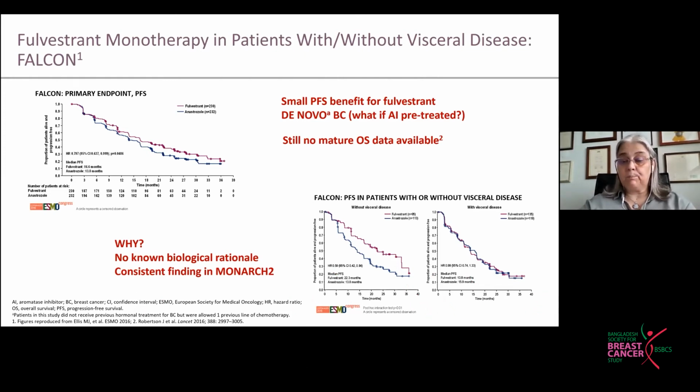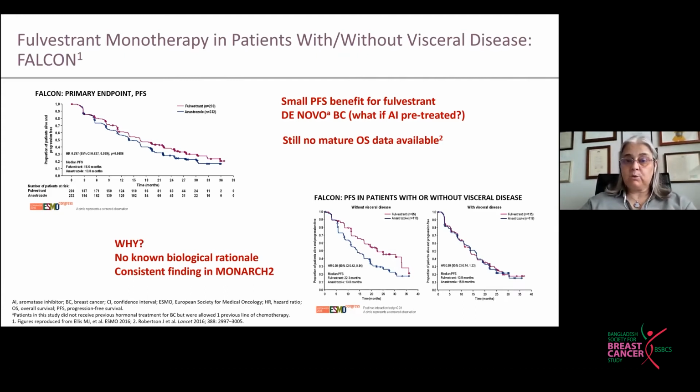As you see in the bottom right, the graphic that shows the effect on visceral disease, fulvestrant and an aromatase inhibitor have the same efficacy. But in bone, fulvestrant works a little bit better. I, in the beginning, thought that this was not true. There was just a chance finding.